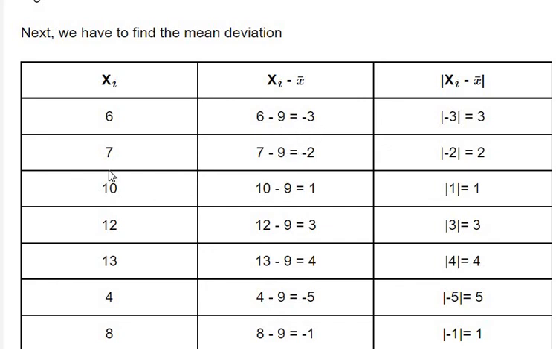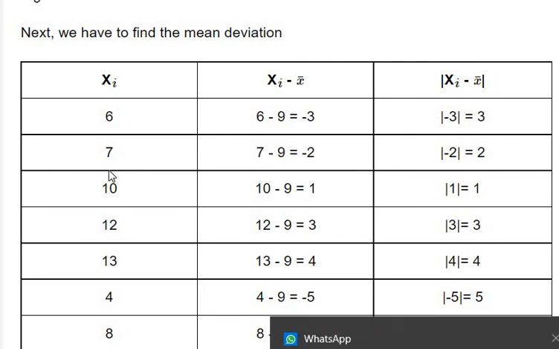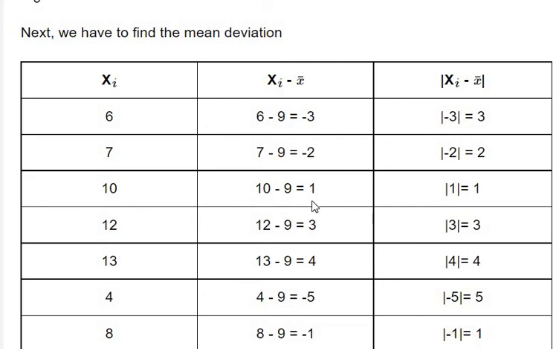The second variable is 7. So 7 minus 9 is equal to minus 2. The third one is 10. 10 minus 9 is equal to 1. The next value is 12. So 12 minus 9 is equal to 3. The next variable is 13. So 13 minus 9 is equal to 4.